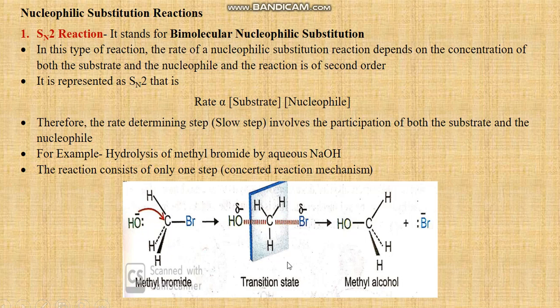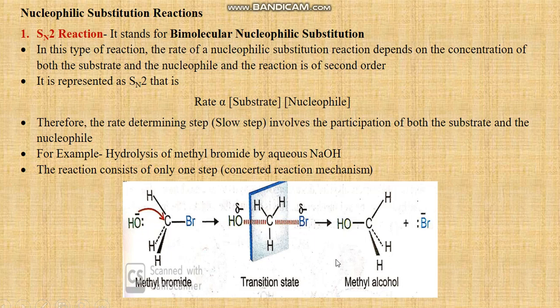In the transition state, the three carbon-hydrogen bonds lie on a single plane, and the bonds between carbon and hydroxide ion and carbon and bromine atom lie perpendicular to this plane. Then finally methyl alcohol is formed with the release of bromide ion.